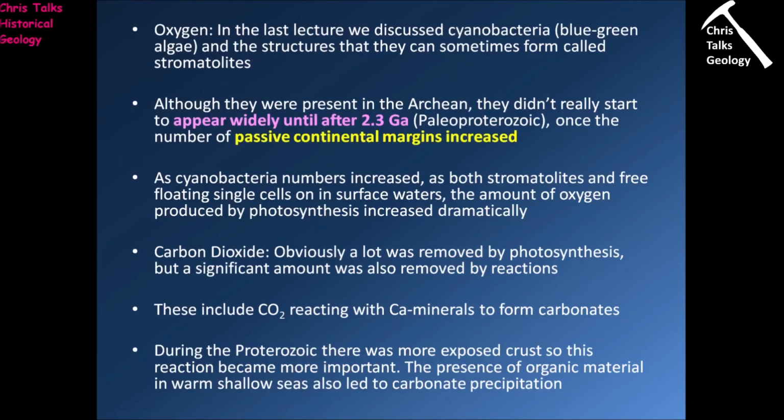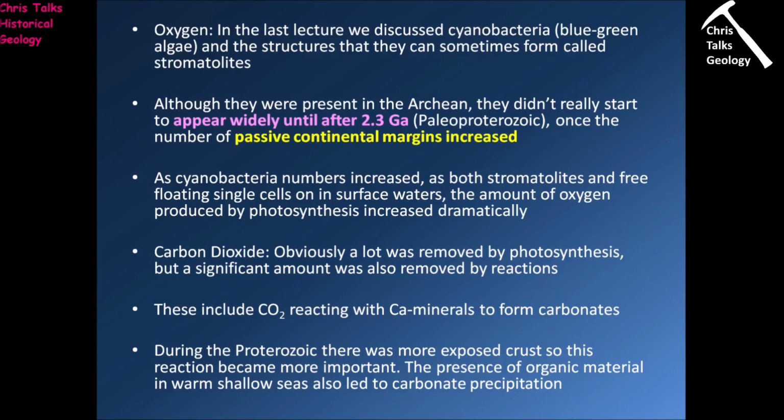In the last lecture, we discussed cyanobacteria. These are blue-green algae, and the structures they can sometimes form are called stromatolites. Although these organisms were present in the Archean, they didn't really start to appear widely until about 2.3 billion years ago, in the Paleoproterozoic, the early Proterozoic.